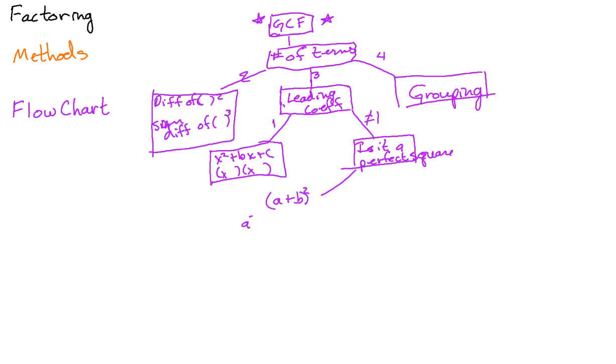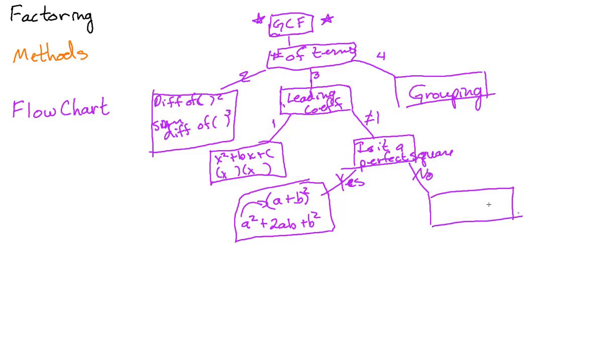Looks like this, a squared plus 2ab plus b squared. Okay, so that's what a perfect square would look like, and then you would just factor it to look like that. Now, if it is not a perfect square, so yes over here and no over here. All right, let's put that down.